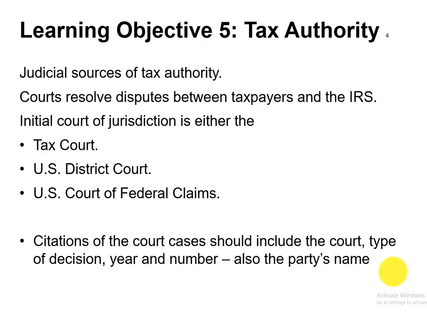When we cite these cases, when we point to these as a primary source, the citation should include the court, so we know where to find it again if somebody else wants to look it up and see if they interpret it the same way as we did. It should include the type of decision, if it's a memo or regular or whatever, a year and number, and typically, most of the time, the party's name who was originally part of it.